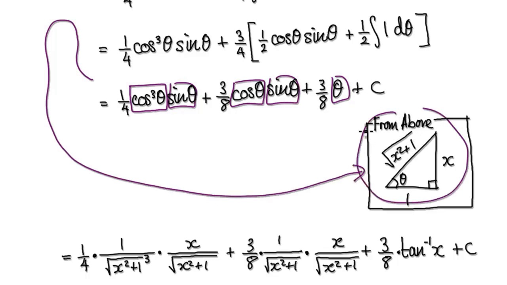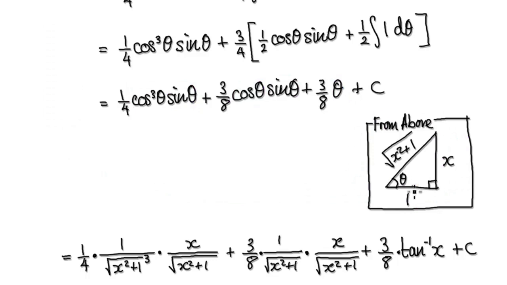This was a diagram from earlier. Looking at the diagram, we want to translate everything. Cos would be 1 over the hypotenuse, which would be this, x squared plus 1. But when you have cube, you times by itself 3 times.